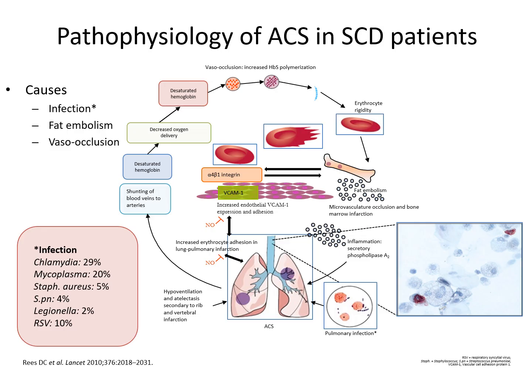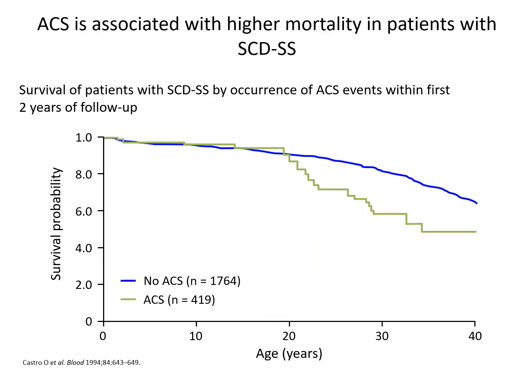It is very serious because it's associated with increased mortality in the acute setting. And if you can see in this survival graph, the line in blue are patients with sickle cell disease, about 1,700 of them, who did not have acute chest syndrome. And the patients in green are 400 patients from the same cohort who had recurrent episodes of acute chest syndrome.